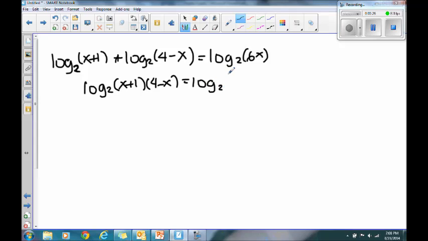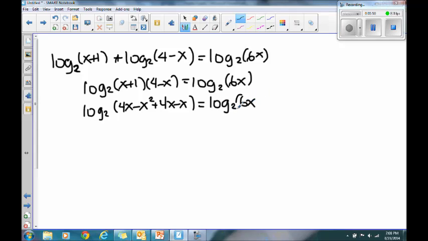And so we'll have log base 2 of the product of these two expressions equal to log base 2 of 6x. Then I can go ahead and FOIL on the left. Nothing to do on the right there.